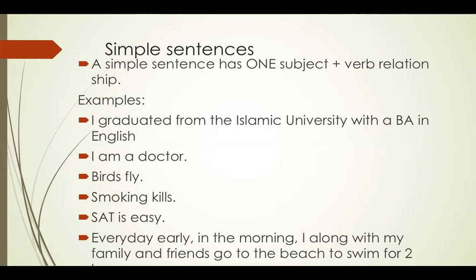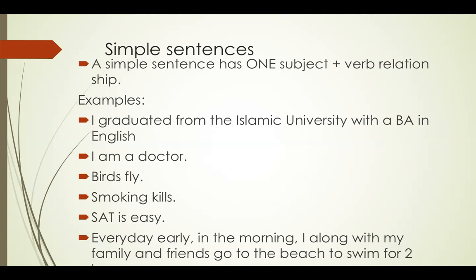There should be a full stop here because remember, a sentence begins with a capital and ends with a full stop. I graduated is the basic subject verb relationship. I graduated. I finished school. I finished university. And everything else we add is a phrase. Remember, we said a phrase adds more information. So, from the Islamic University of Gaza, with a BA in English literature, phrases that give more specific information.